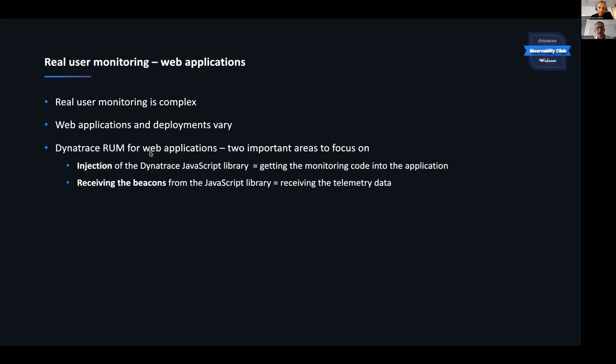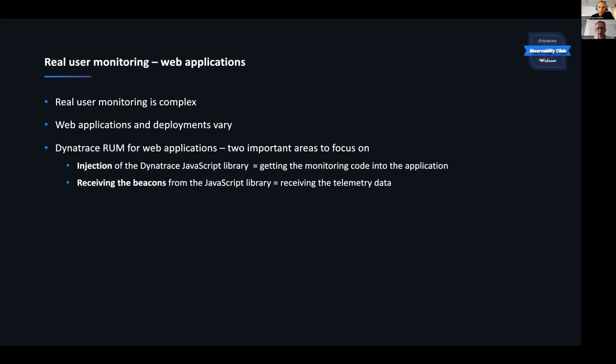With Dynatrace real user monitoring for web applications, there are two important areas, because RUM works in a way that Dynatrace will inject a JavaScript library into your application automatically. That's the best practice. But you can also inject it manually, for example in your application, in your pages, or in your deployment.